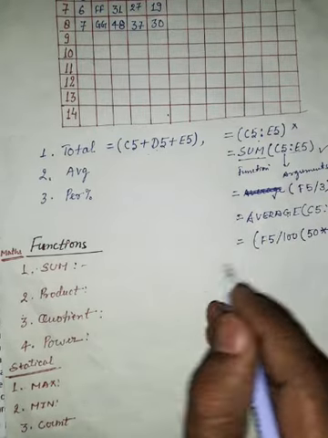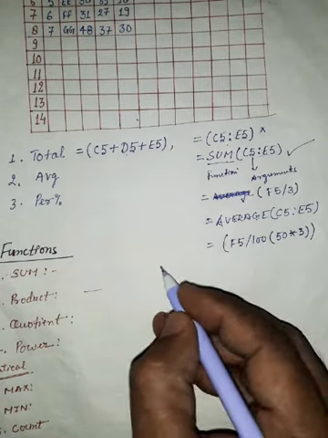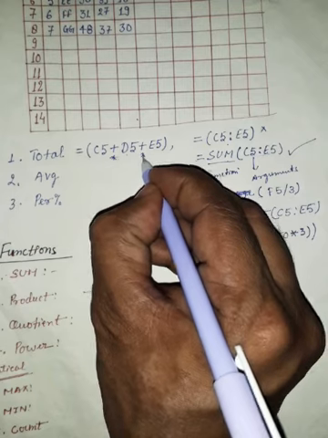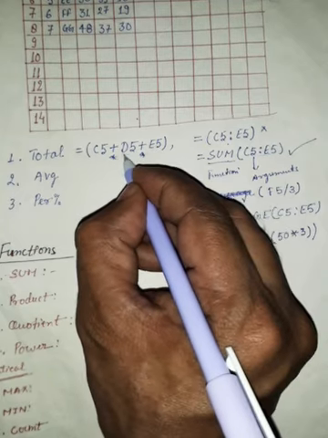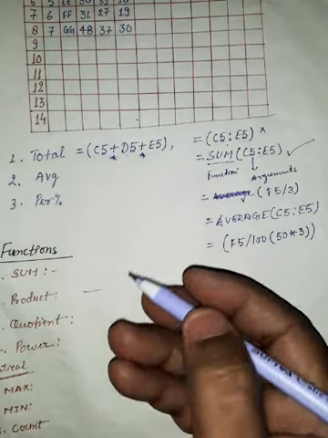For the product, for the multiplication, we can multiply the numbers one by one. Here we can use the multiply sign. If we want to multiply these numbers, then we can use the product function in the place of the formula.